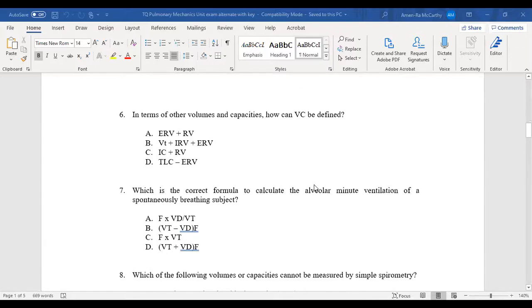All right, number 6. In terms of other volumes and capacities, how can vital capacity be defined? Good, Kayla. Good, Miss Tabor. Miss Scott, look at it again.